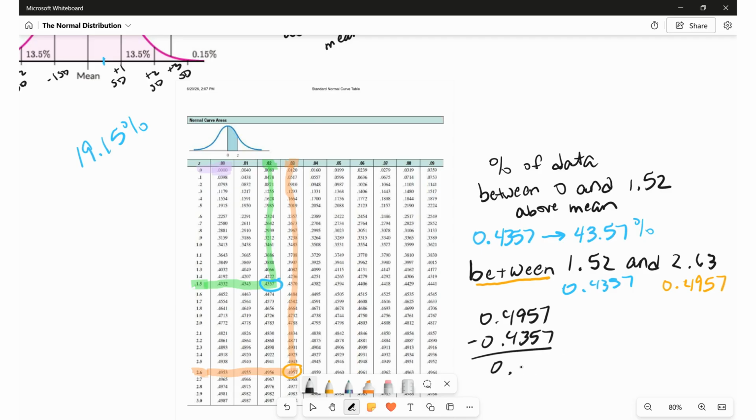And you get 0.06 or 6% of our data fall between 1.52 standard deviations above the mean and 2.63 standard deviations above the mean.